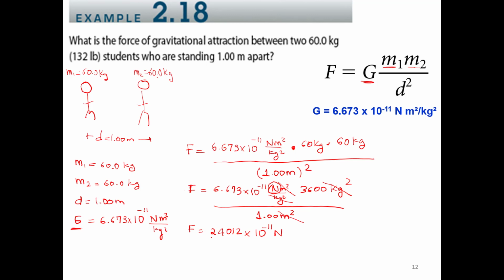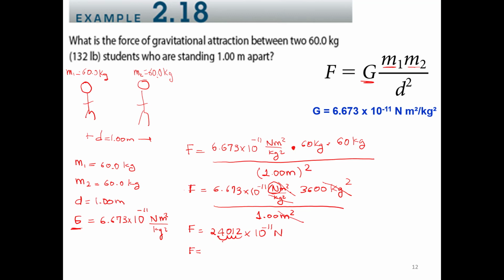Then if we want to write this number in scientific notation and with the correct number of significant digits, here we have 3 significant digits. Let's write this one in scientific notation: 1, 2, 3, 4.